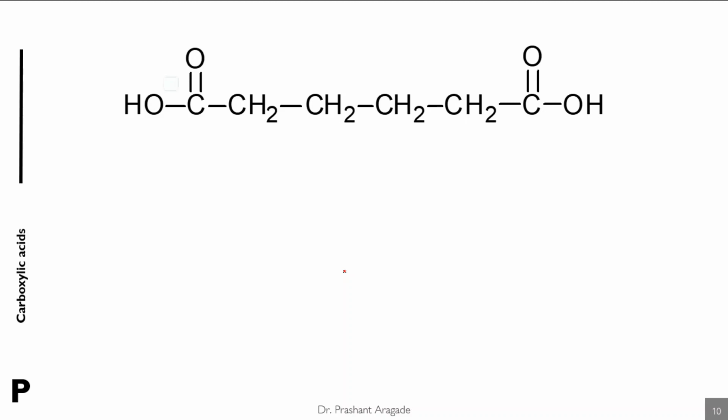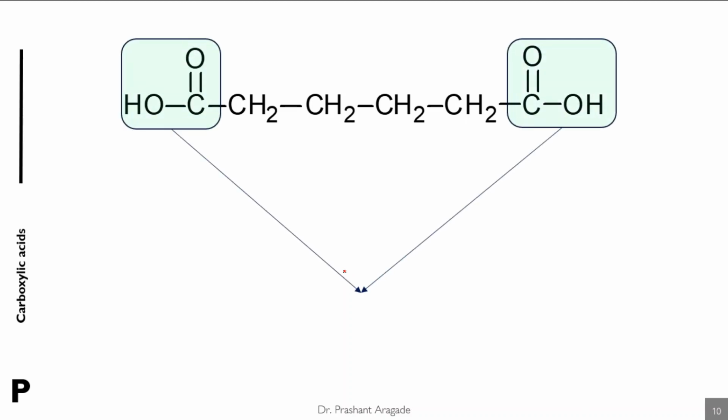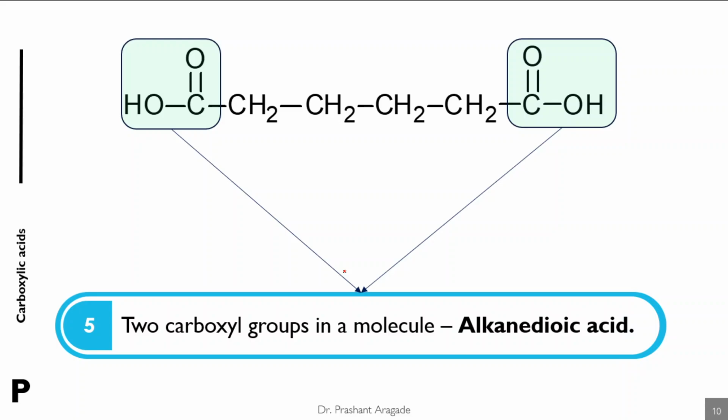Now in that example there are 2 carboxyl functional groups present. So when there are 2 carboxyl groups present in a molecule, then it is named as alkane dioic acid. The di prefix is used as the carboxyl functional group is present 2 times.